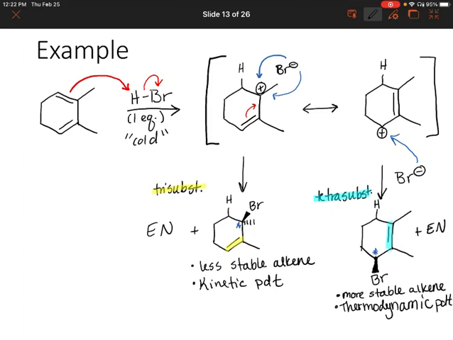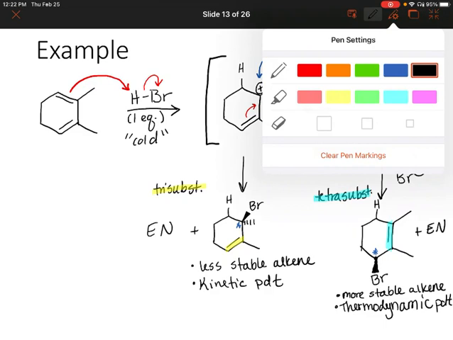Okay, now let's figure out which one of these is the 1,2 addition product. The left one or the right one? The left product, because hydrogen and bromine added to the first and second carbons.